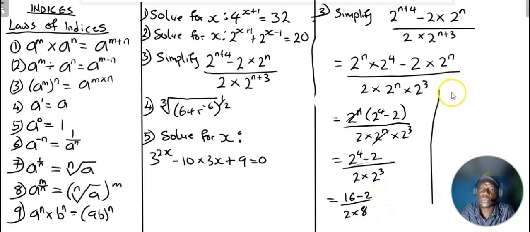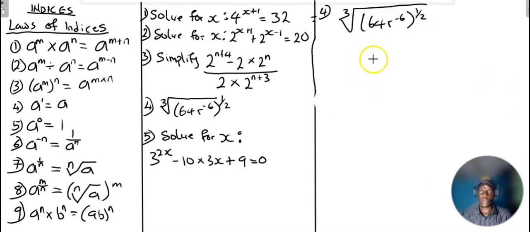This is going to be equal to 16 minus 1 will give us 15, over 2 times 8 will give us 16. So you have 15 over 16. Now we are going to break it down to its lowest term. 2 can go in 14, that will give you 7. And also 2 can go in 16, will give you 8. So your final answer is 7 over 8. This is your final answer.